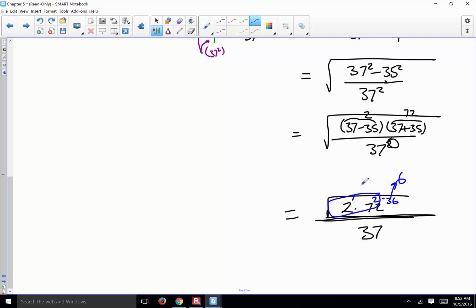Double 2 comes out as 2. It's 12 over 37. No calculators used. Isn't that great? Again, 72 split into 2 and 36. Double 2 makes 2 when you take it out, and 36 comes out as 6. 12 over 37.